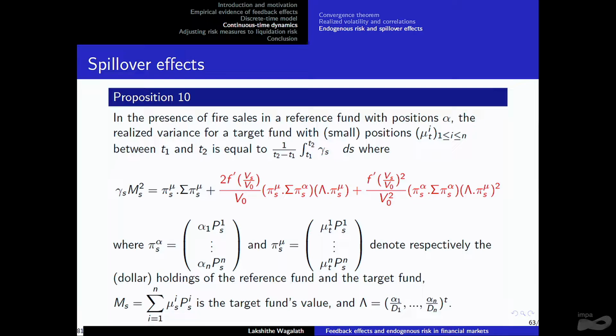So although a big fund may be liquidating, I may have positions such that I don't feel their liquidation. And typically, that's exactly what happened in this quant event that I was telling you about. In the quant event of 2007, there was a big fund, alpha, which was long-short and which liquidated assets.